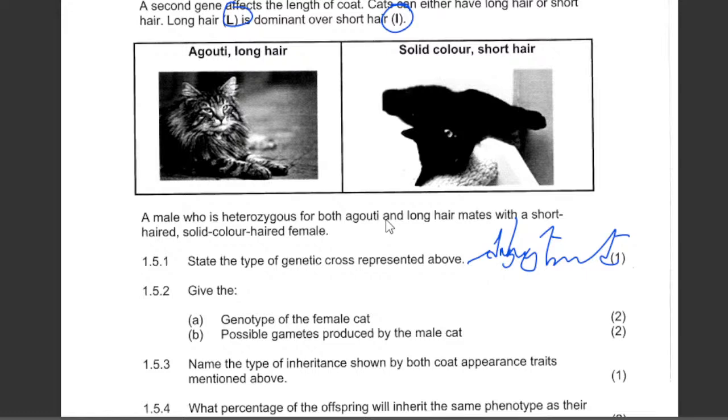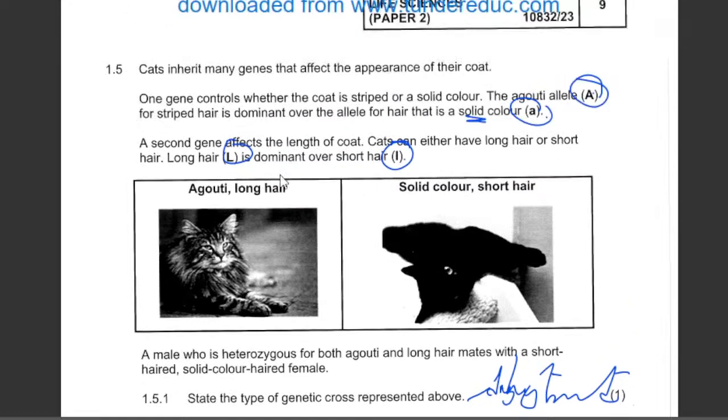And then they're saying the genotype of the female cat, the one the male mates with, short and solid. In this case, we see that striped is dominant over solid, and long is dominant over short.